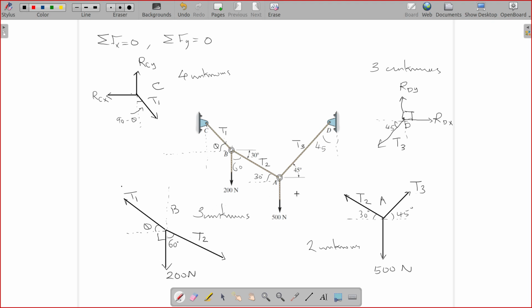So the number of unknowns will become 2 here, and here also it will become 2. So once you solve this system, you can solve this or this.